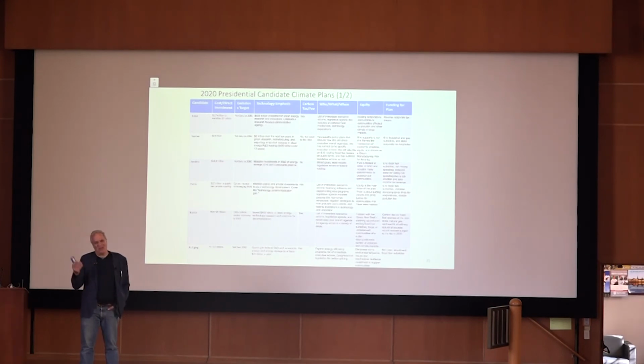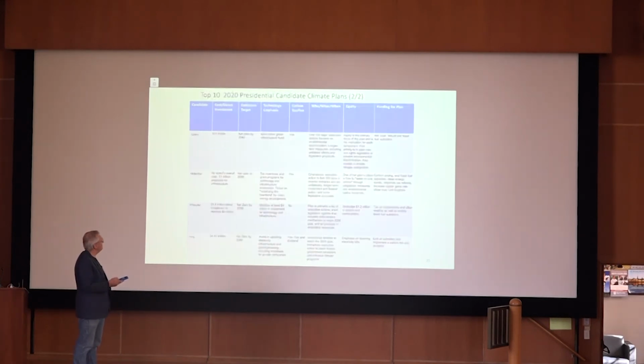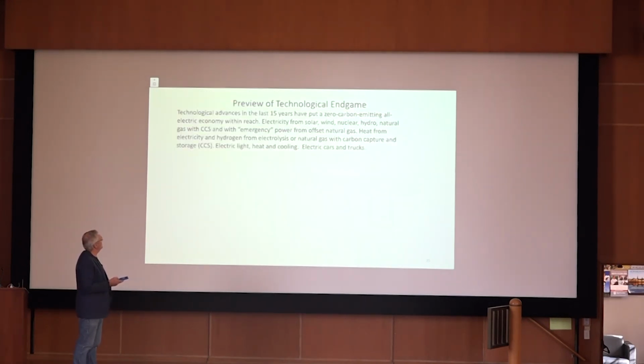I like to say 31 point something years is a billion seconds, and they go by really fast, all right? So you can take a look at that. I want to do a quick preview of the technological endgame, and I'm just going to motor mouth through this because I'm going to talk a lot about the technological endgame later.